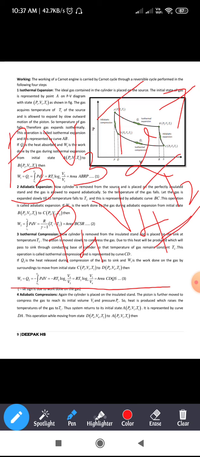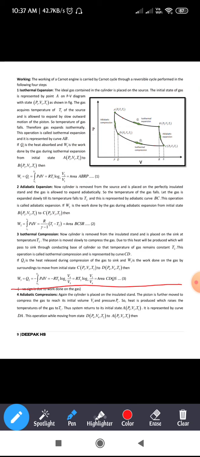So hence equation 3 comes out to be minus the integral with limits V3 to V4 of PdV. Again the same equation we are going to retain, only the negative sign is there.